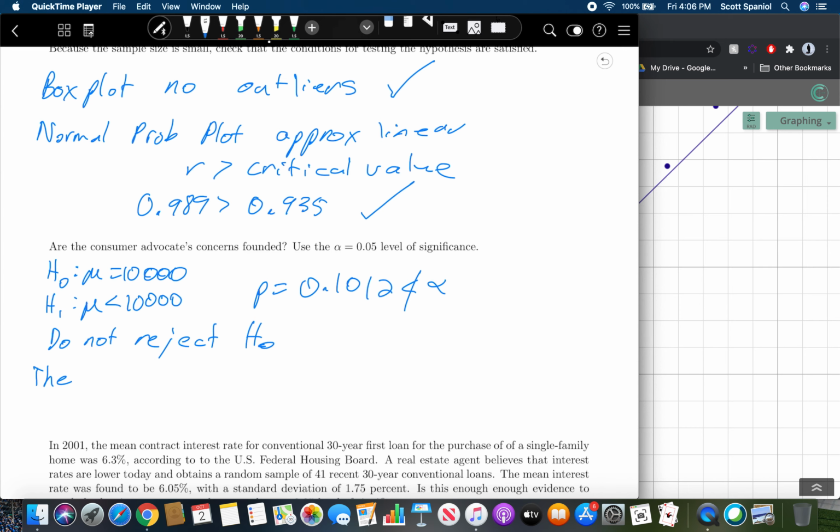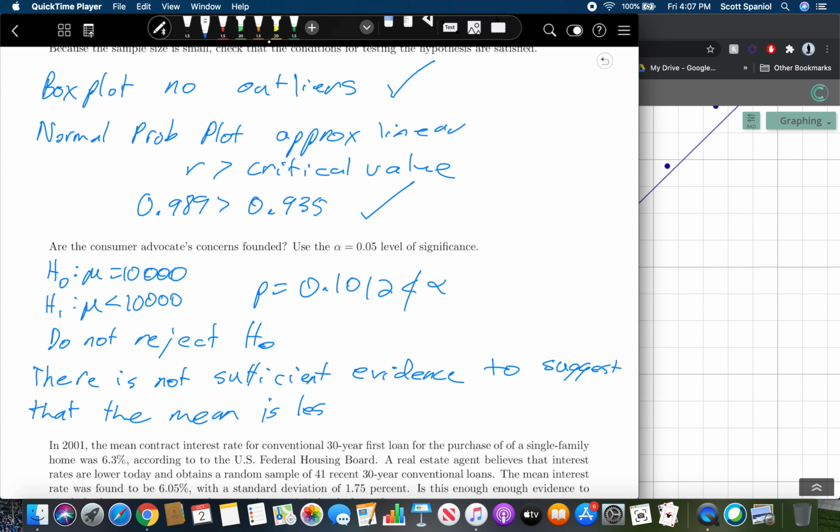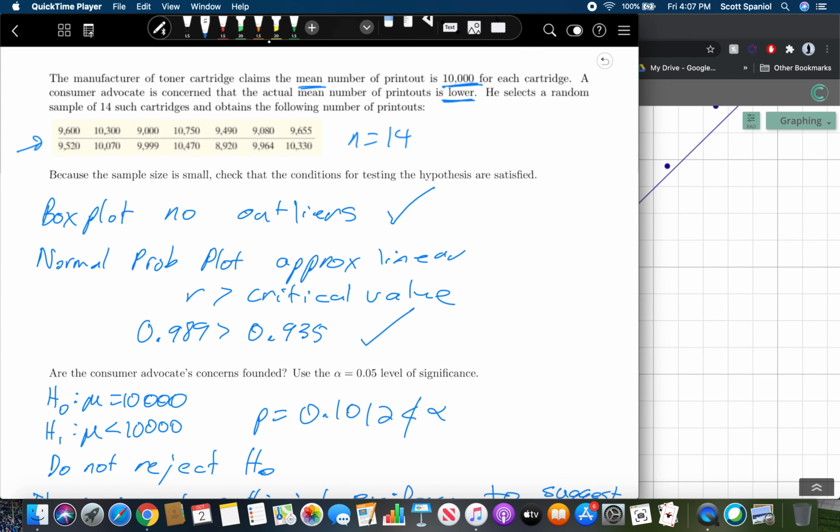So there is not sufficient evidence to suggest that the mean is less than 10,000 printouts.